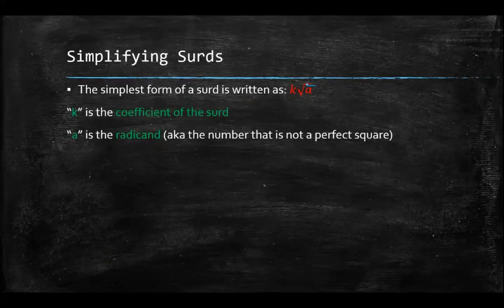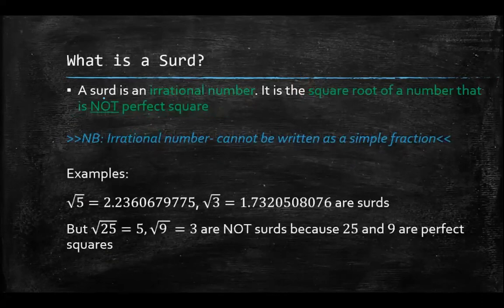Let me circle this. This is a. a is the number that's under the square root. So this is my square root symbol here, and a is the number that's under the square root. Remember, we said a surd is the square root of a number that is not a perfect square. So what does that mean?